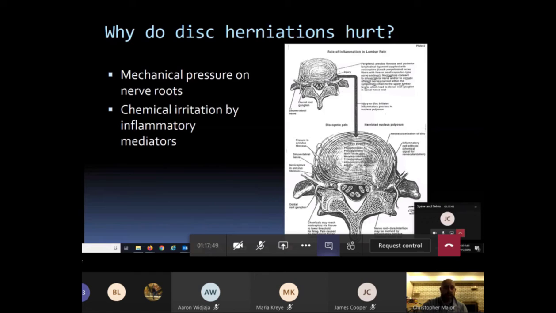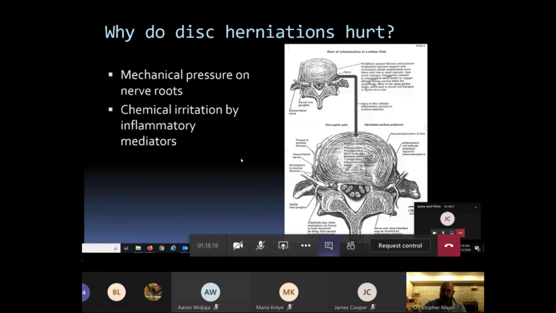The good news is that when you do have free floating nucleus pulposus, because of that inflammatory response, that material can actually get resorbed, basically get taken care of. Unlike an annular bulge or a disc protrusion, where the nucleus is still entirely contained in most cases, those can persist and cause problems for a while if they are truly the pain generator for your patient.